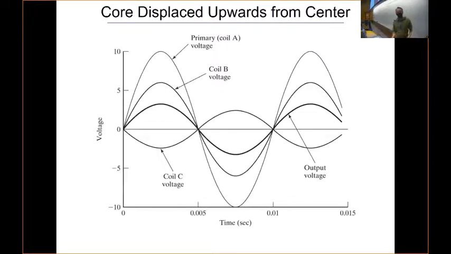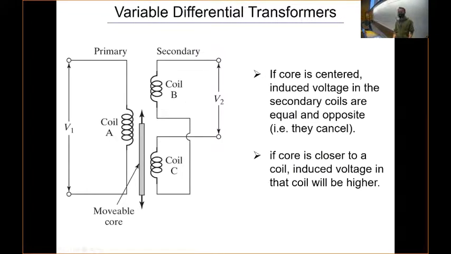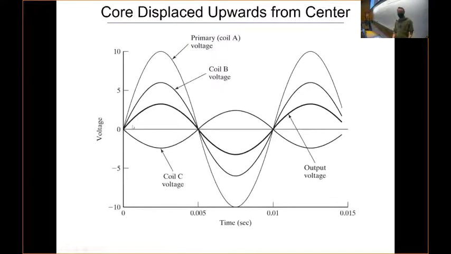So here we see this signal here is our primary coil. This is our input. We're creating the magnetic field with this. And so the core is displaced upwards from the center. So it's up here, and coil B is getting more signal induced in it from the magnetic field. So we see coil B is a greater magnitude than coil C. And here they are, we see they're 180 degrees out of phase.